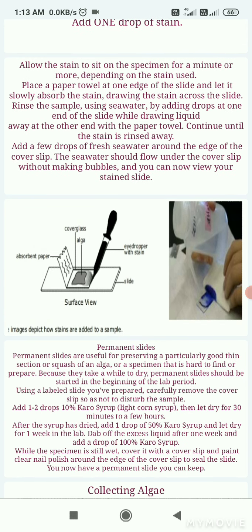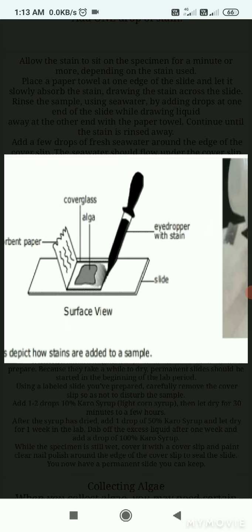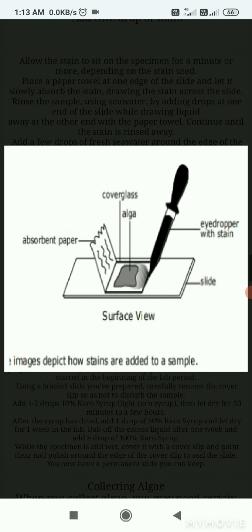So here is the dropper which is filled with the stain, and we have to put small drops on the alga, and with the help of blotting paper, absorbent paper, we have to drain out extra stain which is randomly placed towards the slide or cover glass.